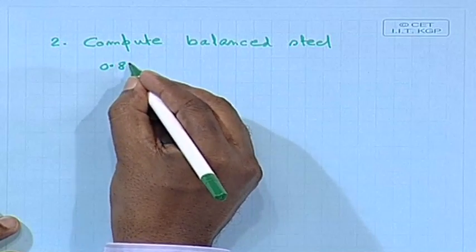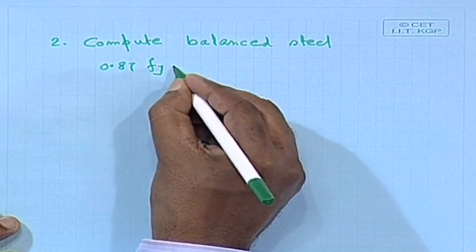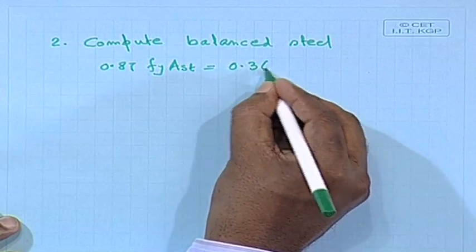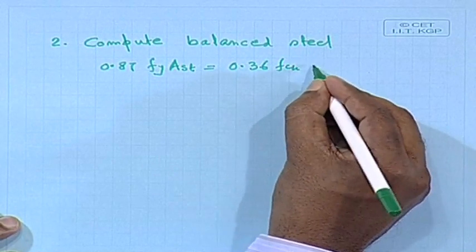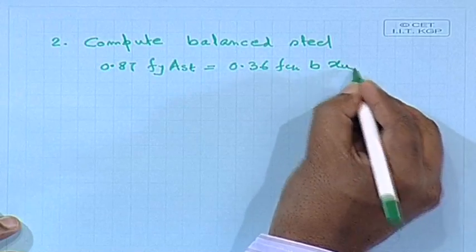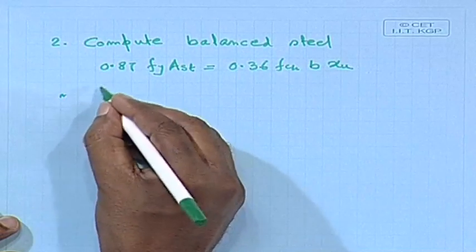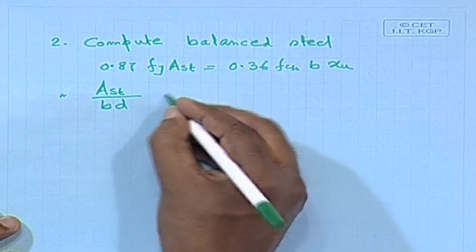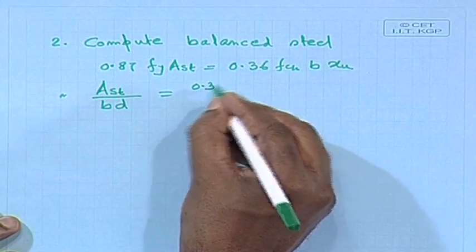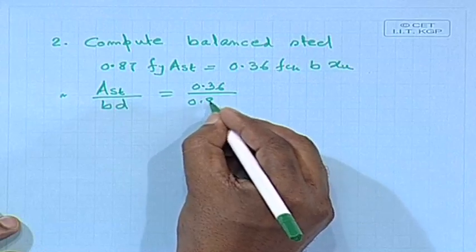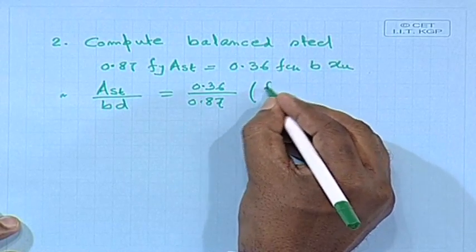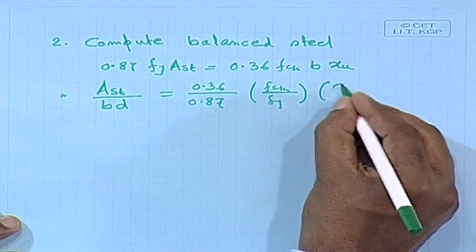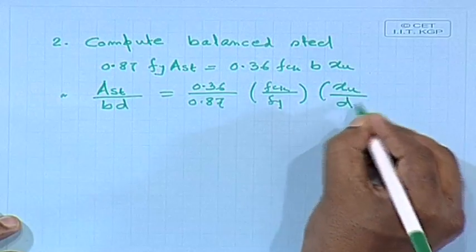Let us start from the beginning. 0.87 Fy AST equal to 0.36 fck b xu, or AST by bd equal to 0.36 by 0.87 times fck by fy times xu by d.